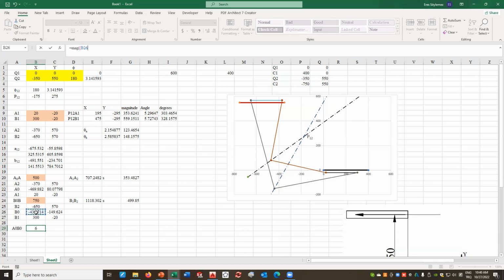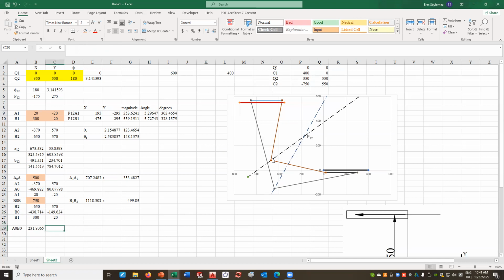Magnitude of B0, x-coordinate of B0, minus the x-coordinate of A0, close the parentheses, comma, open up parentheses, y coordinate of B0 minus the y coordinate of A0. I forgot the second parameter. It's okay. That is the A0, B0 length, this length, 231.